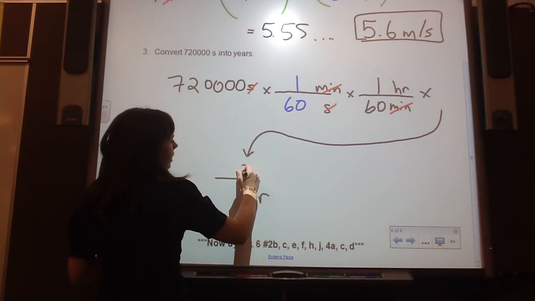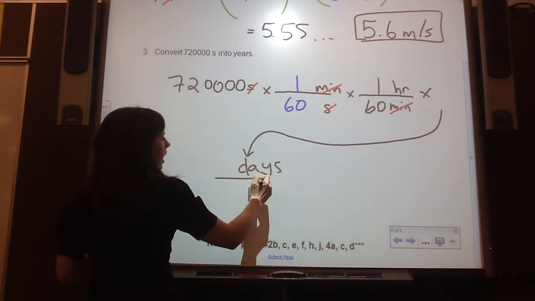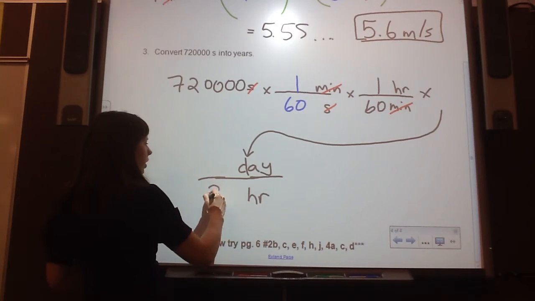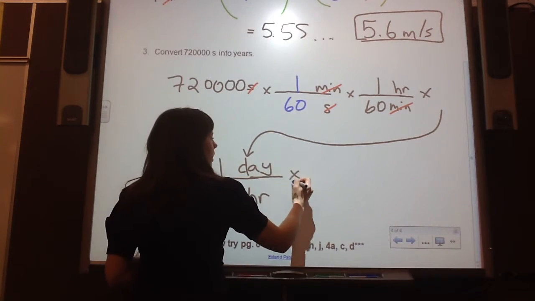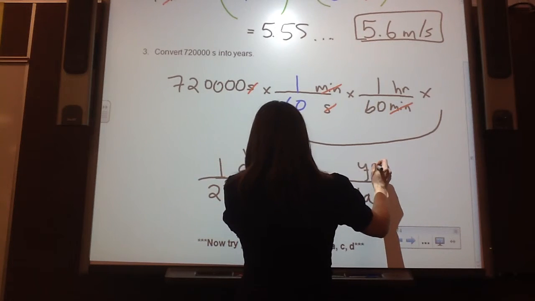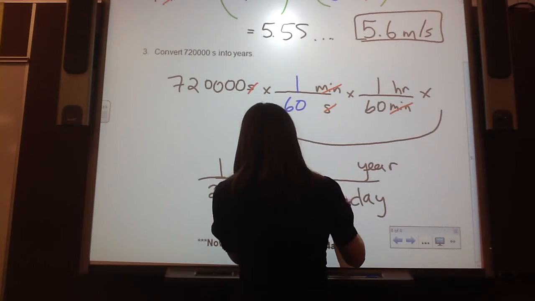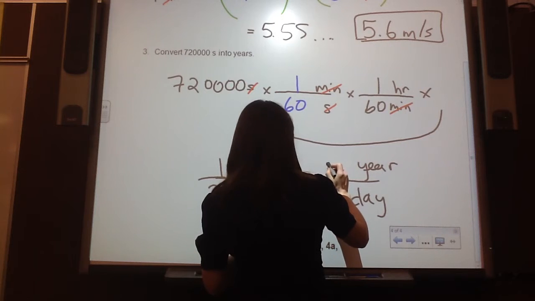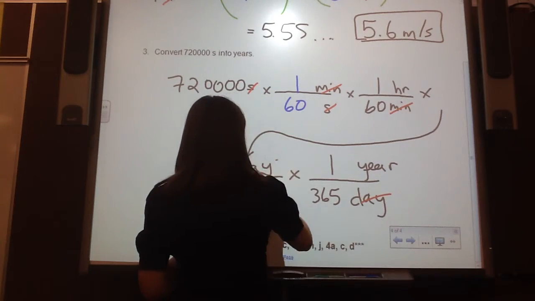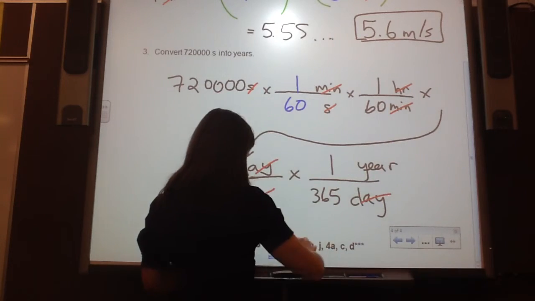Okay, hours, days. How many hours? 24. How many days in 1 year? You guys are like brilliant. Thank you. So my days will cross off, my hours will cross off.